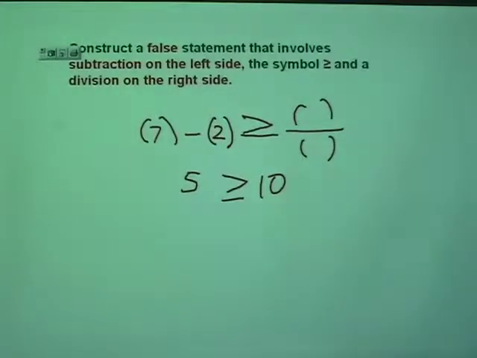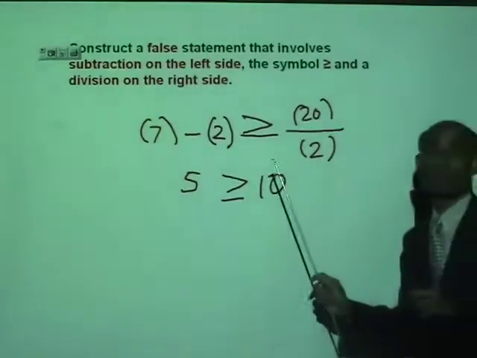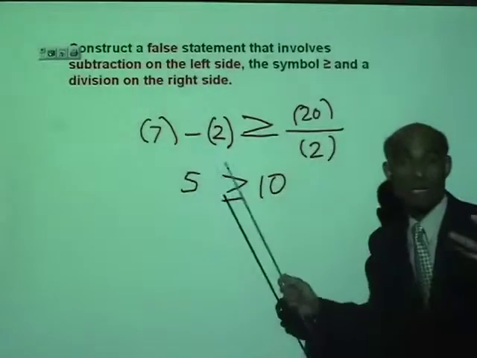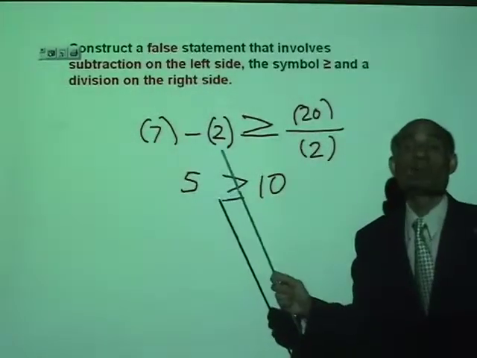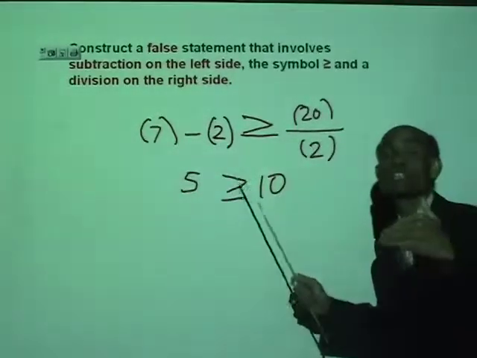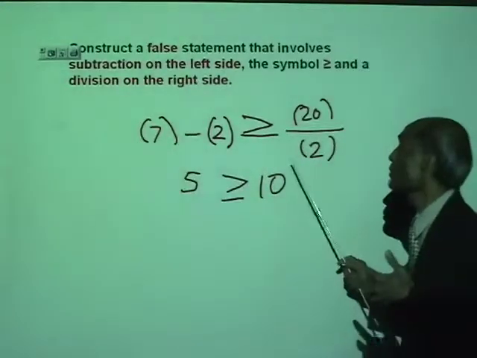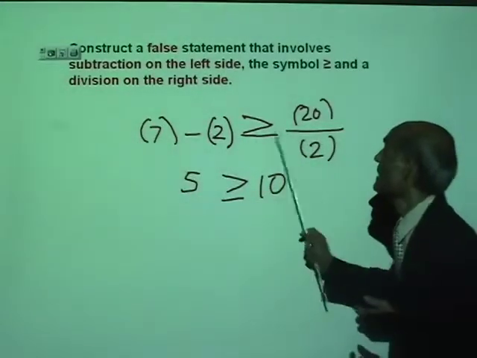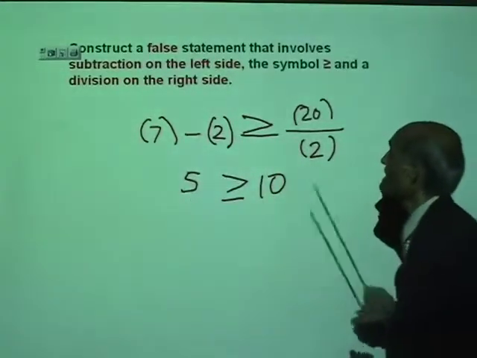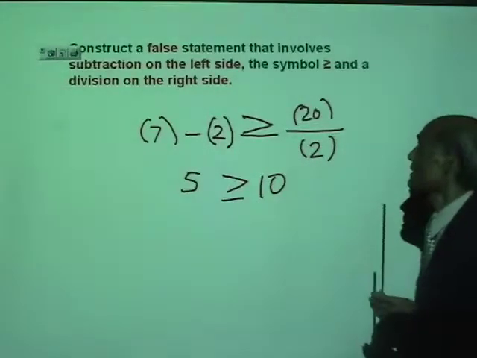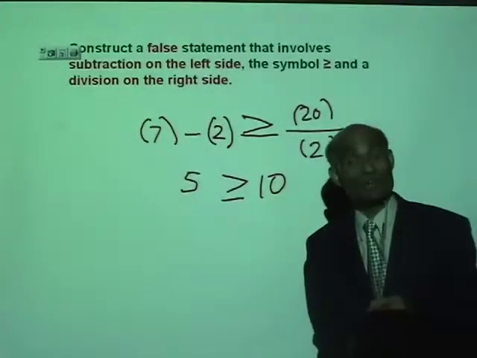I can write here 20 divided by 2. 20 divided by 2 is 10. Or I can actually make 40 divided by 4, or 30 divided by 3. All those will fit. And that will give us this false statement, 5 greater than or equal to 10.